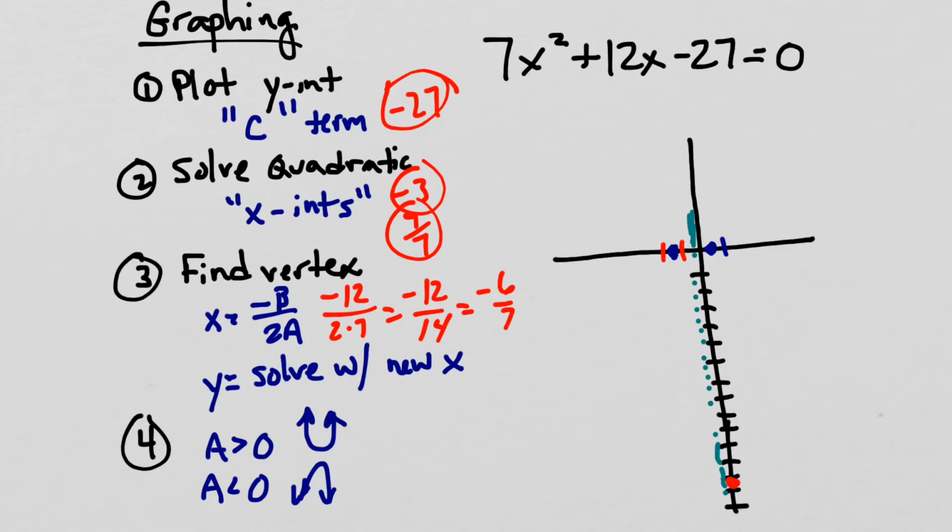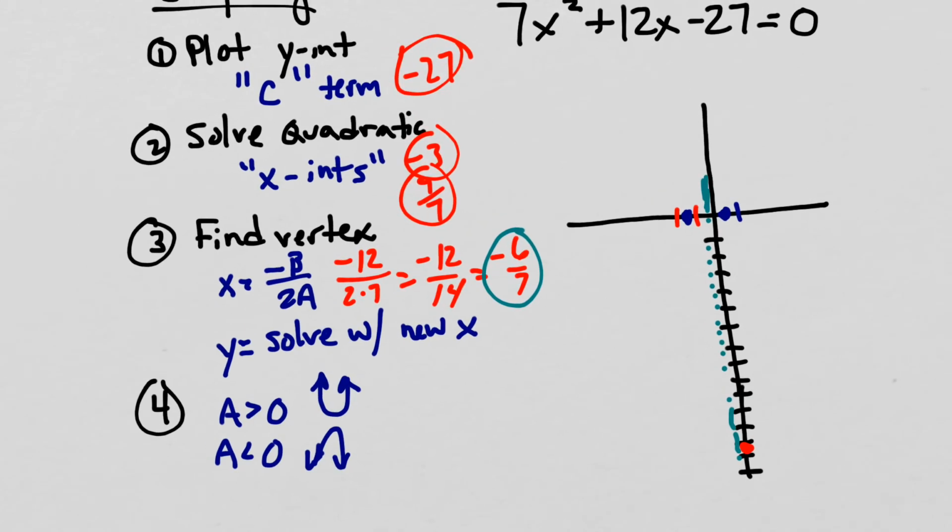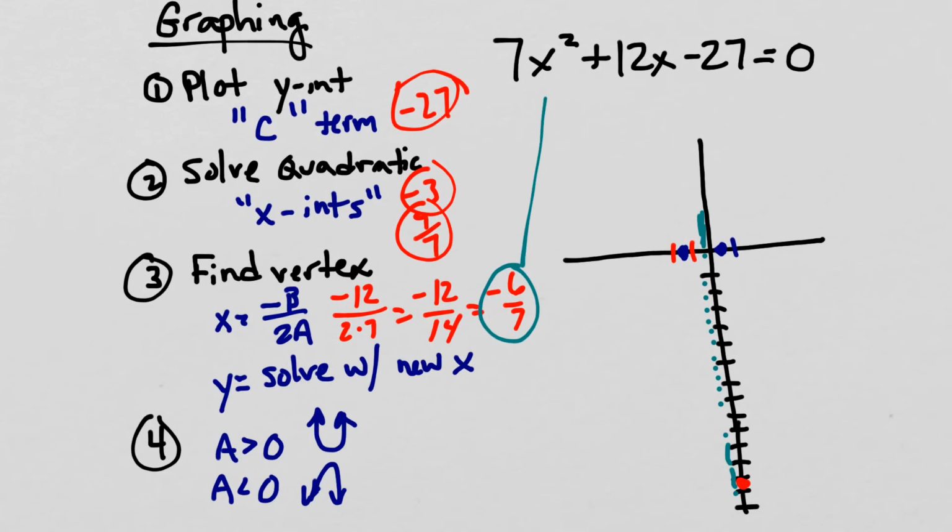We then take this value and we're going to plug it in for x in our equation. So I would find negative 6/7 as a decimal.